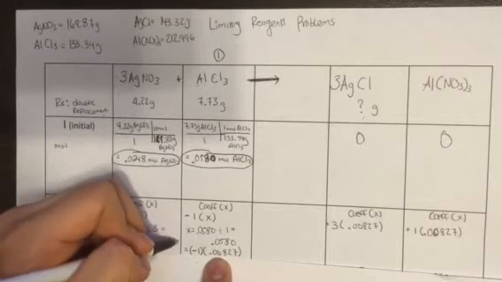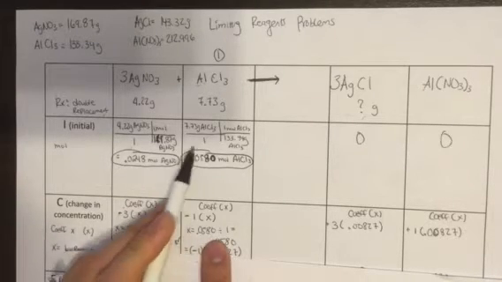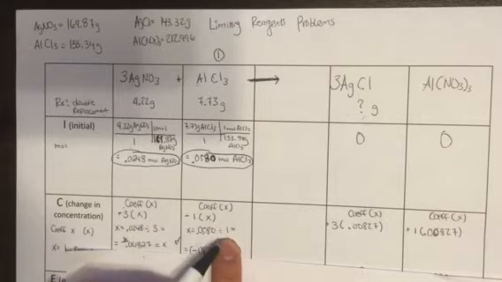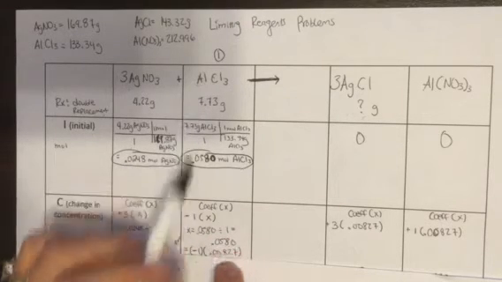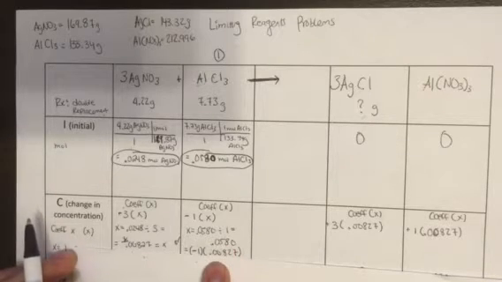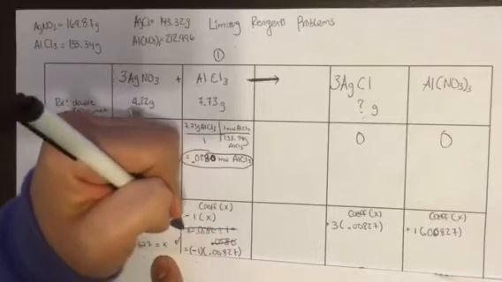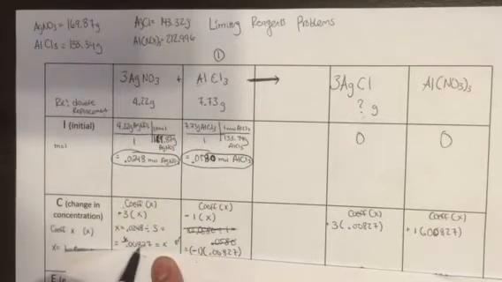Or, okay, I'm going to put an or here. X is equal to 0.0580, which is the moles for this one, divided by 1, which is the coefficient for that one. And then that's the number I get. And I ask myself, which is smaller, 0.008 or 0.05? And the answer is this. This is smaller. So this cannot be my x right here. Okay, so my x is this.